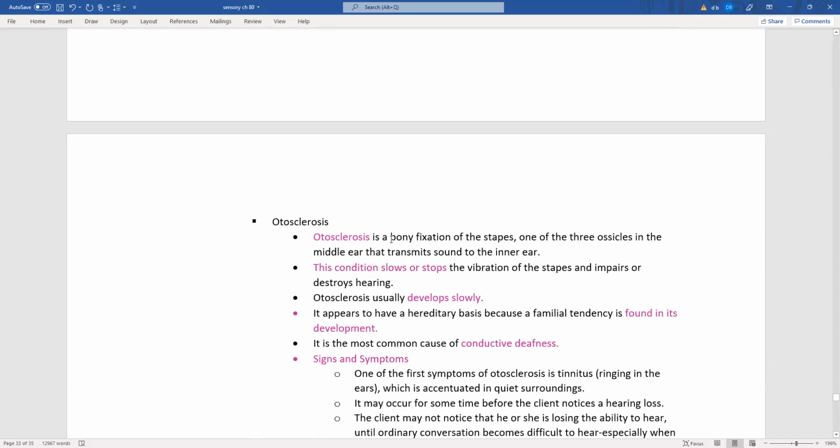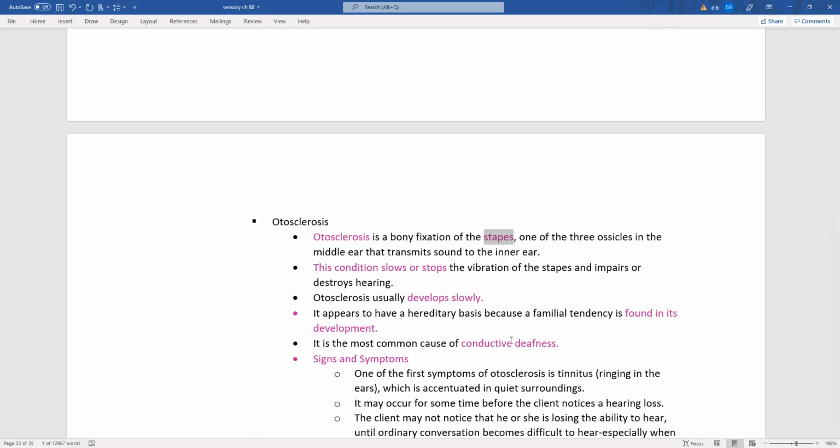Otosclerosis is a bony fixation of the stapes. You got three of the smallest bones in the body, but the stapes is the smallest bone in the body. It is one of the three ossicles in the middle ear that transmit sounds to the inner ear. This condition slows or stops the vibration of the stapes and impairs or destroys hearing.